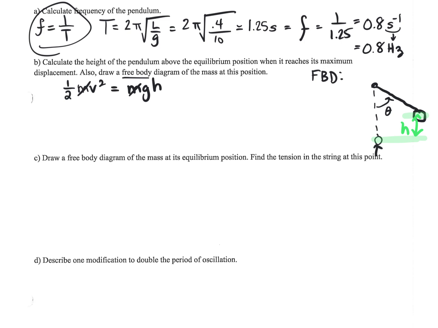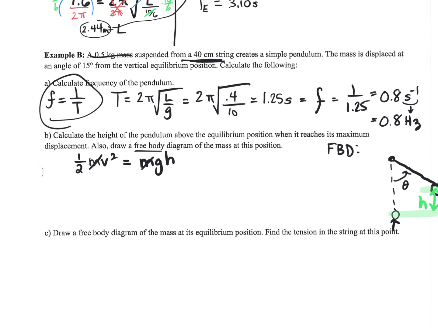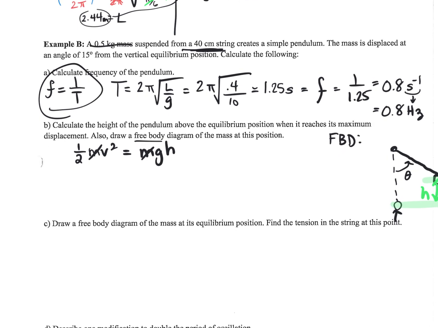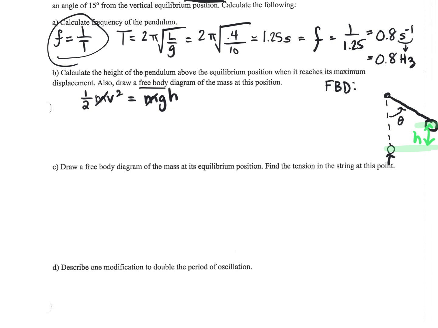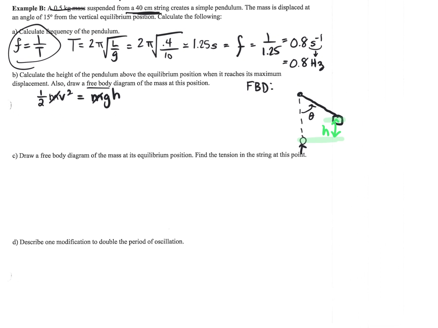Now, do we know its max velocity? No, we don't know its max velocity, do we? So we're kind of in trouble here because we don't know h either. We got to know one or the other. So let's go back to the free body diagram and then we'll go back to this picture.